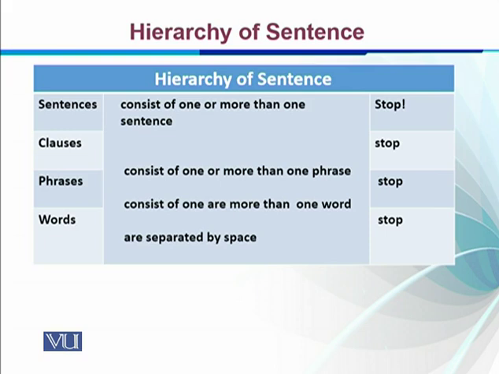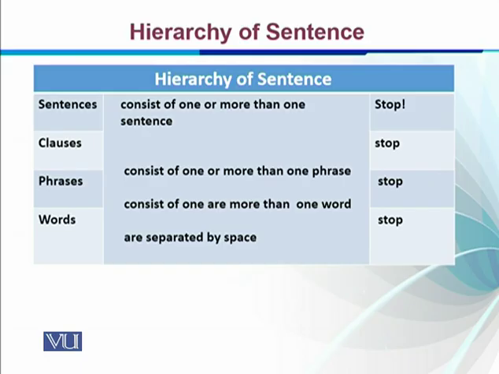So after the word we have phrases. Phrases consist of one or more than one word. So it means that the lower rank forms the upper rank, and the upper rank must have at least one of the lower rank. When we come on to the clauses, clauses consist of one or more than one phrase.